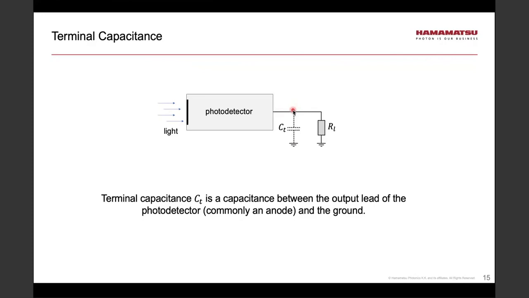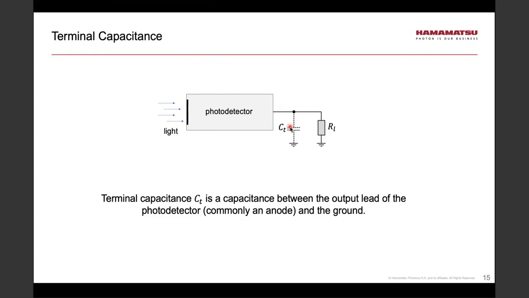You may be wondering what contributes to this terminal capacitance. There is no simple answer. It depends on the photodetector. But for example, in the case of a photodiode, this terminal capacitance would mostly be due to the capacitance of the depletion region plus some parasitic capacitance of all the components from which the device is made.